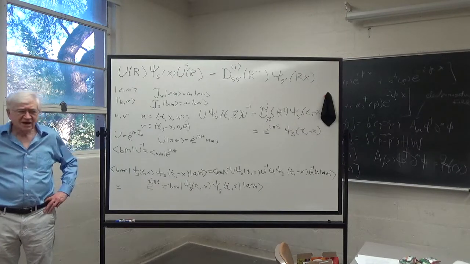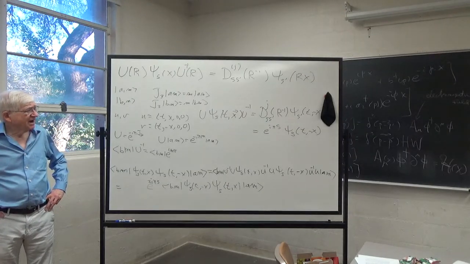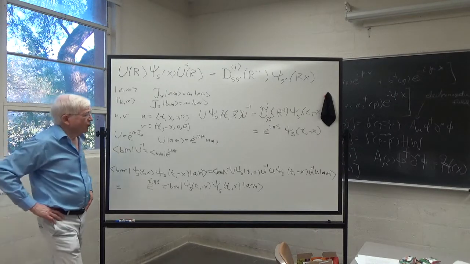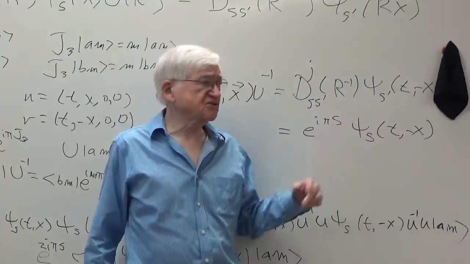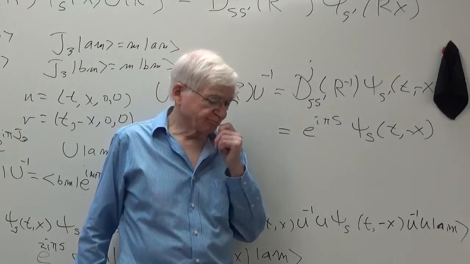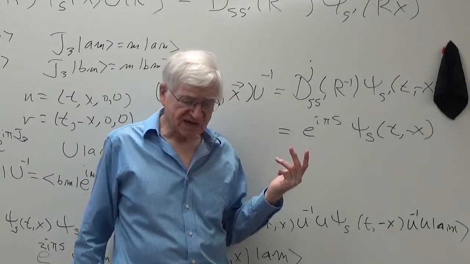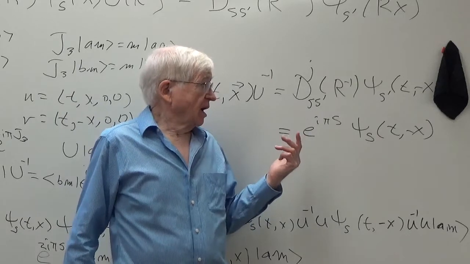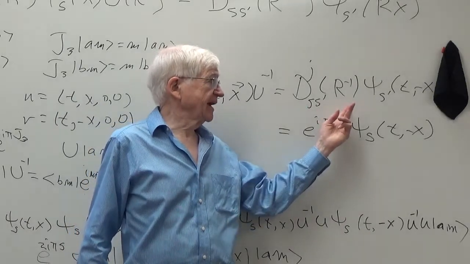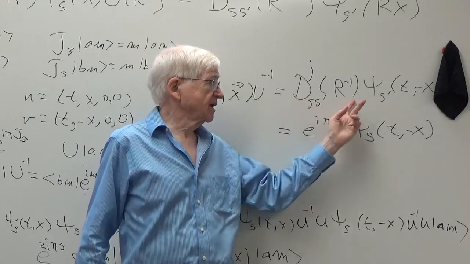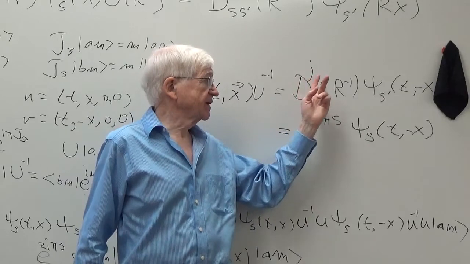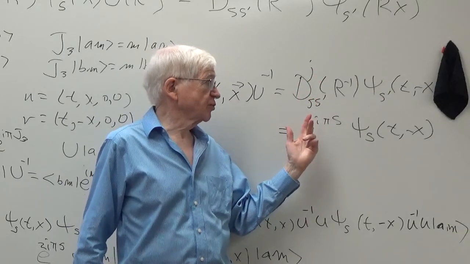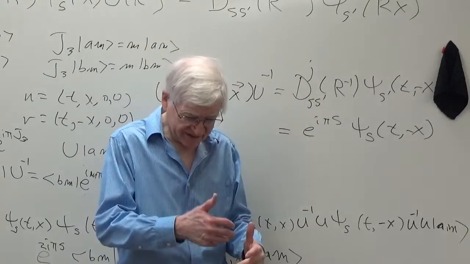So what lets you write the d^j_{ss'} and its inverse as just e to the I pi s? I missed that step. Oh, because this is the rotation about the z-axis, the representation of the rotation group. It would be of pi about the 3 axis.